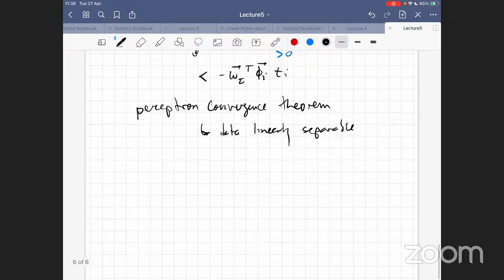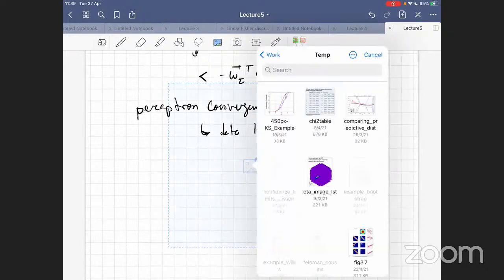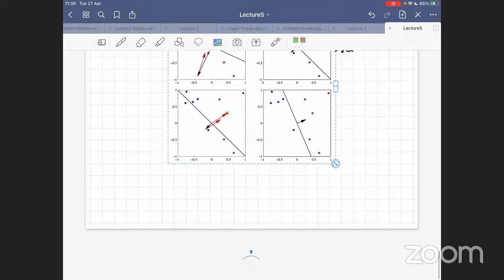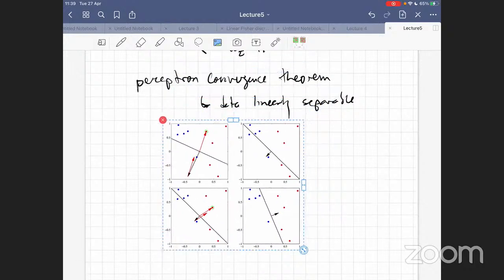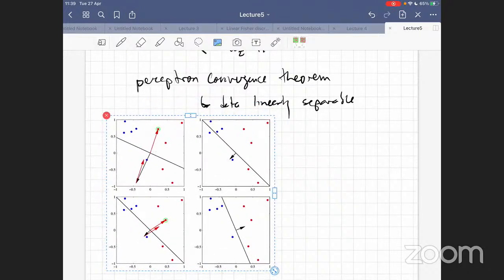Okay, so let me share with you this picture that I think I showed in the first lecture, but here trying to explain it. Yeah, this one. This is from Bishop, by the way. This is how the perceptron is working.